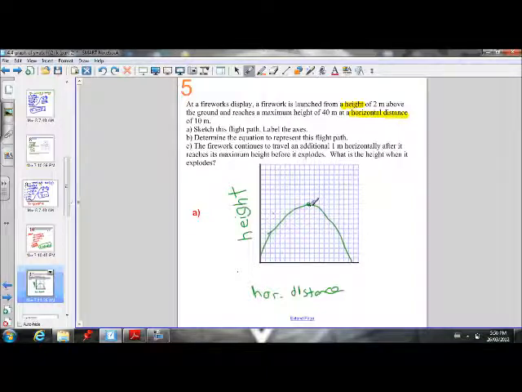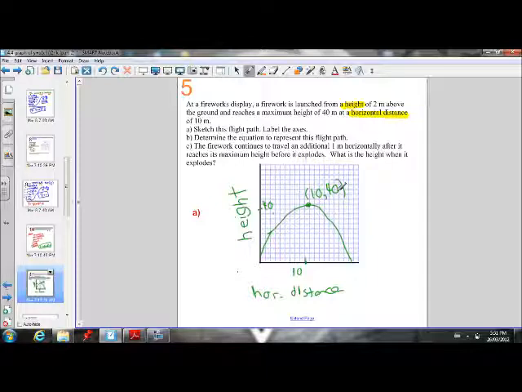So this maximum here is 40 in height, and that occurs at a horizontal distance of 10. So that vertex, based on that information, is at (10, 40). So that's good. We've determined our vertex, and we know that's a very key piece of information when we're going to be able to write the equation.